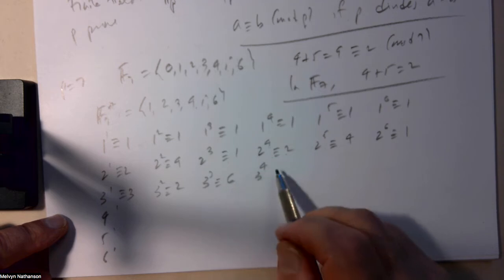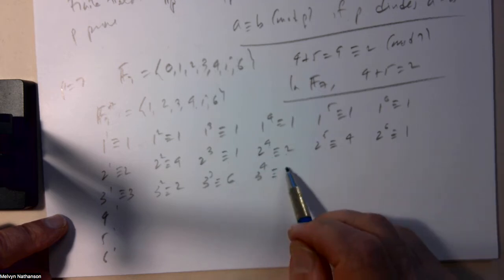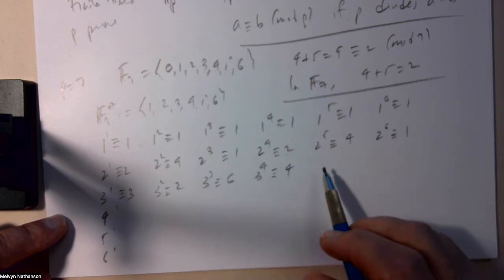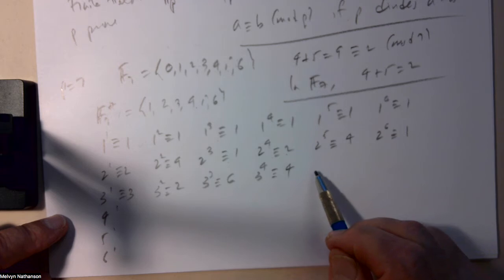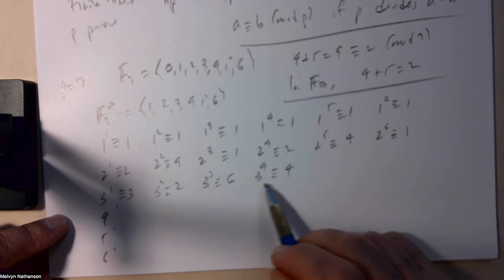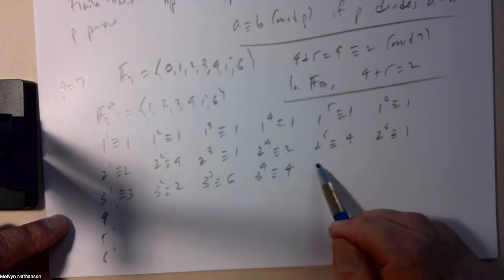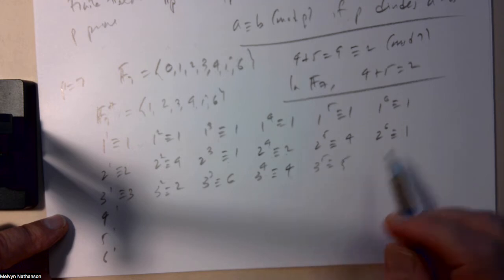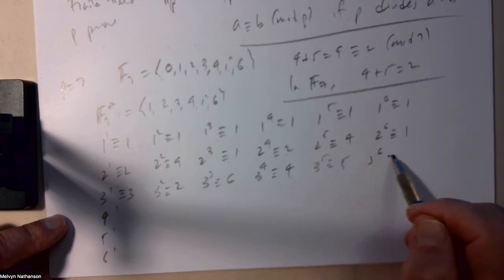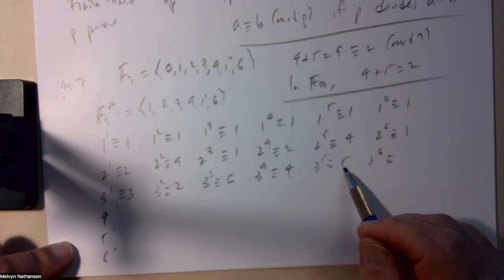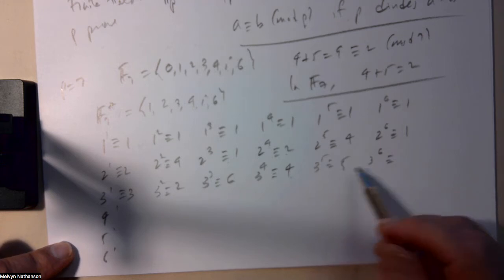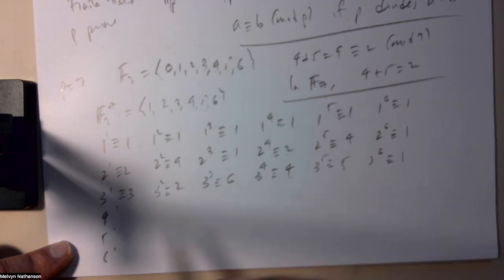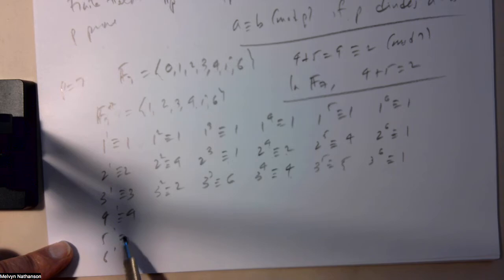Multiply 6 by 3, you get 18, which mod 7 is 4. Then 3 to the fifth power: you multiply 4 by 3, you get 12, which is 5 mod 7. 3 to the sixth power, you multiply 5 by 3, you get 15, which is 1. And you can fill in this whole table.